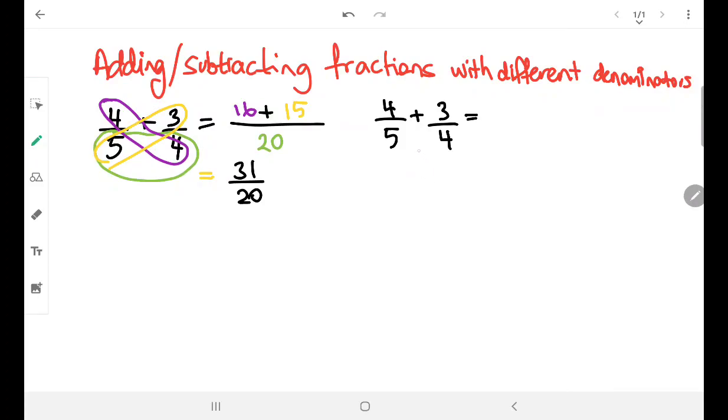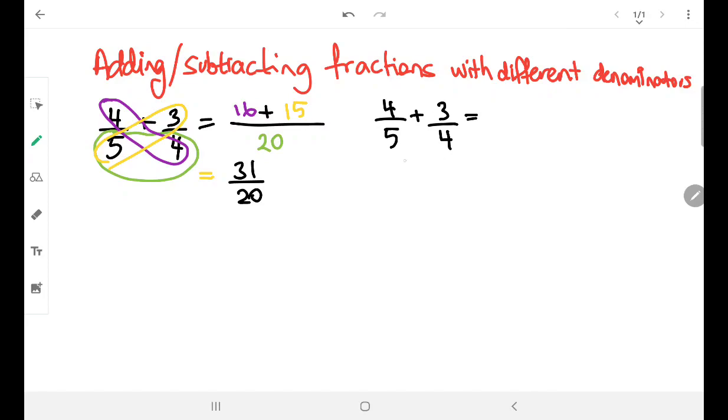So you would have to look at some multiples. So, look at two numbers that you can multiply by and get the same answer as a denominator. So, for example, if you multiply 5 by 2, you're going to get 10. 4 by 2 you're going to get 8, so 4 by 4 you're going to get 16. And they're not the same denominator. So we need to keep on looking to see what multiples we can get.